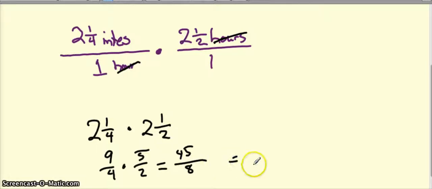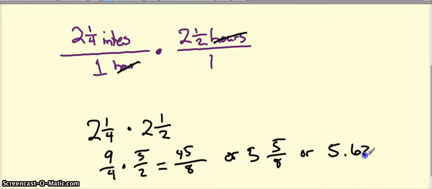And I can simplify that: 8 goes into 45 5 times with 5 left over. So I can call this 5 5/8. And if you happen to have changed this into a decimal, you could also report this as 5.625 miles.